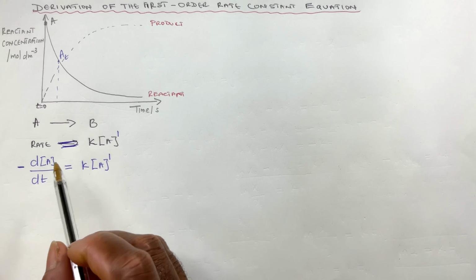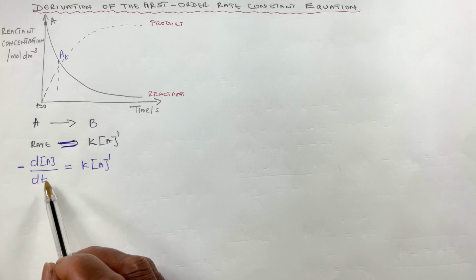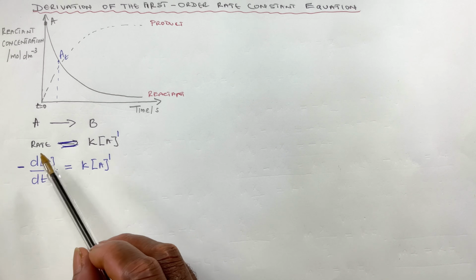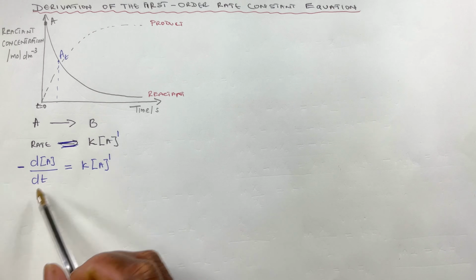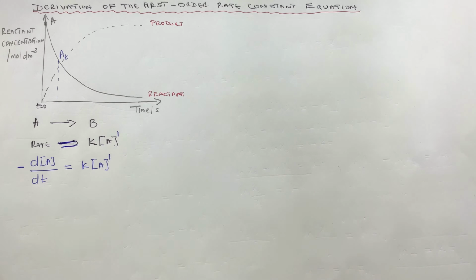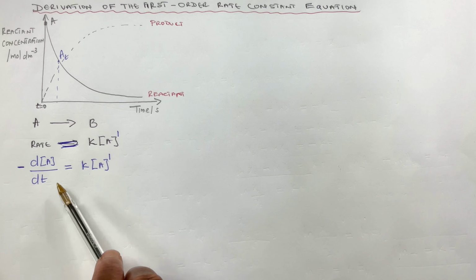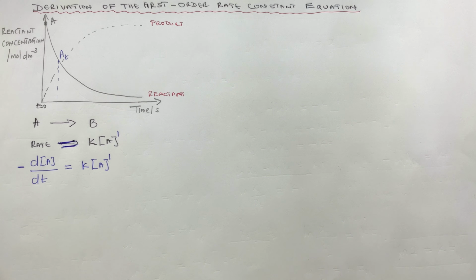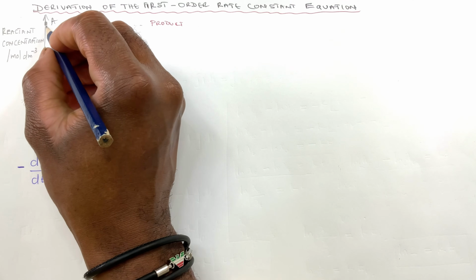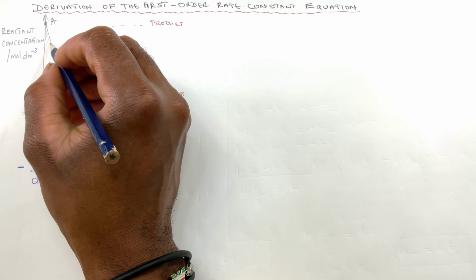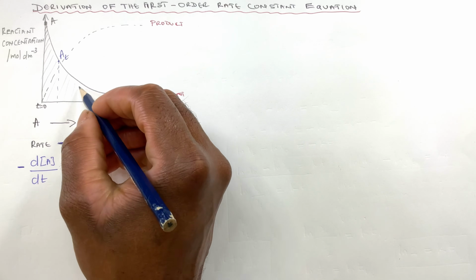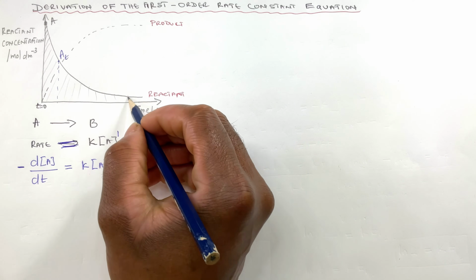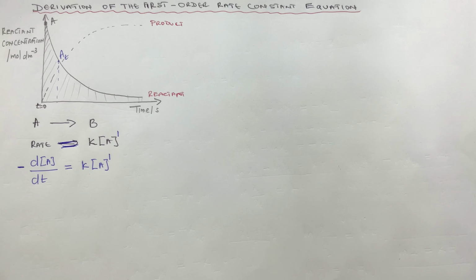And we're going to basically integrate this rate equation, the first order rate equation. But before we integrate it, we need to rearrange it. What does the integration mean? Well, the integration is telling us that we're finding the total area under the curve of how much it's changing.